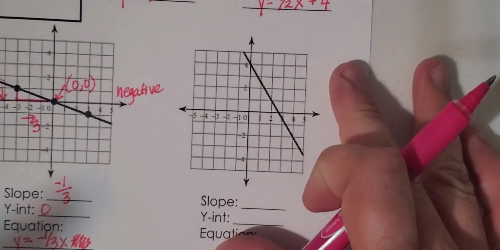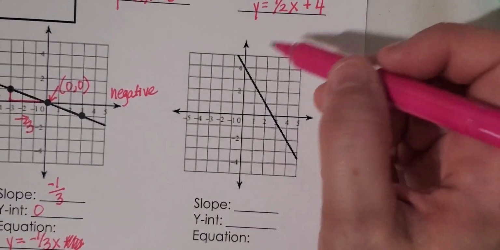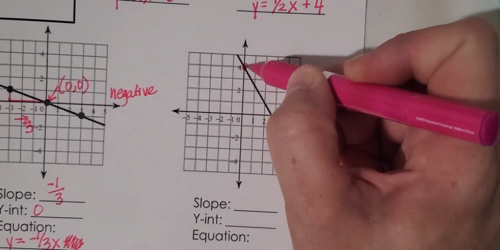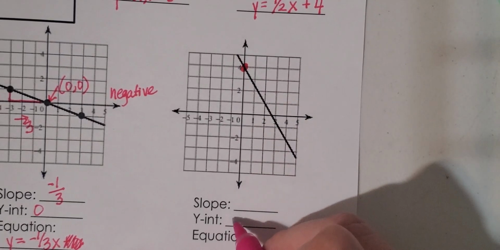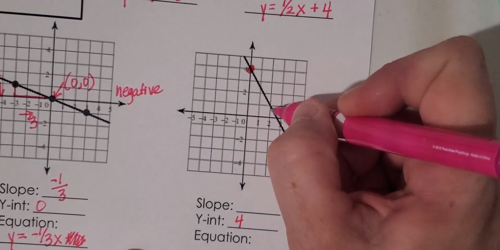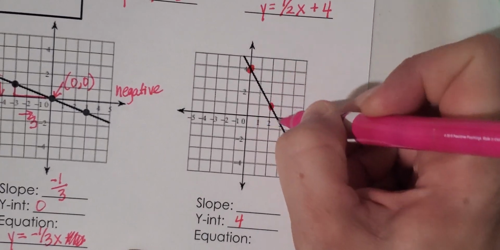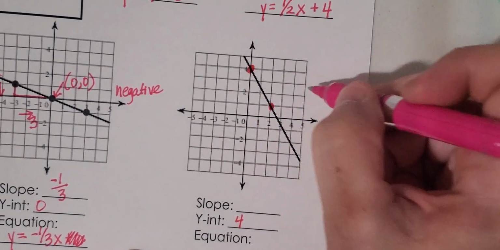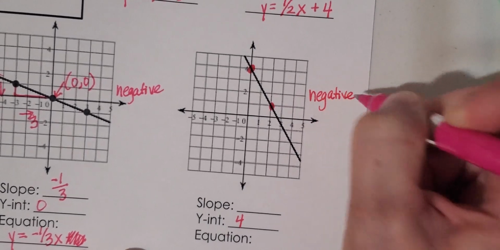And then my last example doesn't have the points there for me, so I have to find them. One of my points will normally be on my y-axis, so I know that my y-intercept actually crosses at 4, so I can go ahead and write that down. My other point would be right here. So this is a decreasing graph as I read it from left to right. So I know that my slope is going to be negative.